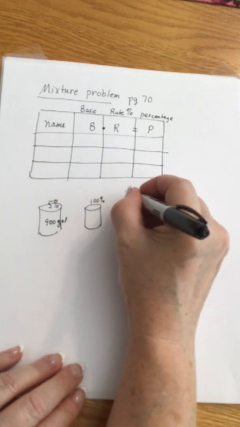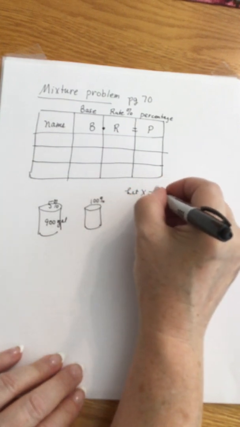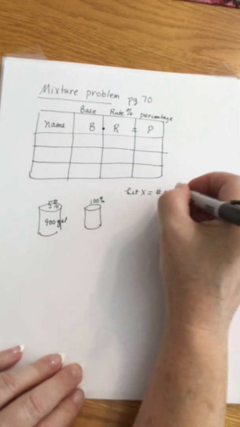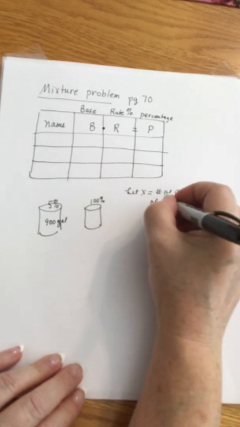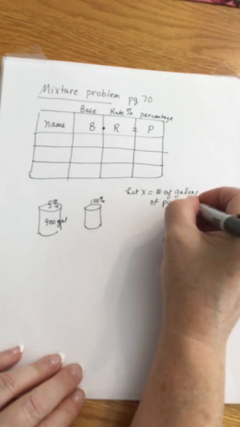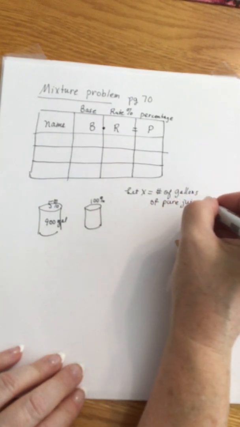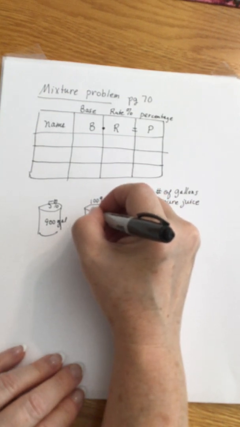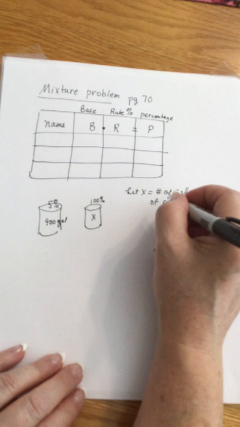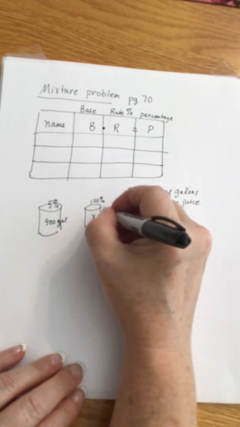So we're going to let X equal the number of gallons of pure juice that has to be added. So we're going to take this 100% juice, and we have X of it now. We don't know how many gallons. So we're going to look at X gallons.